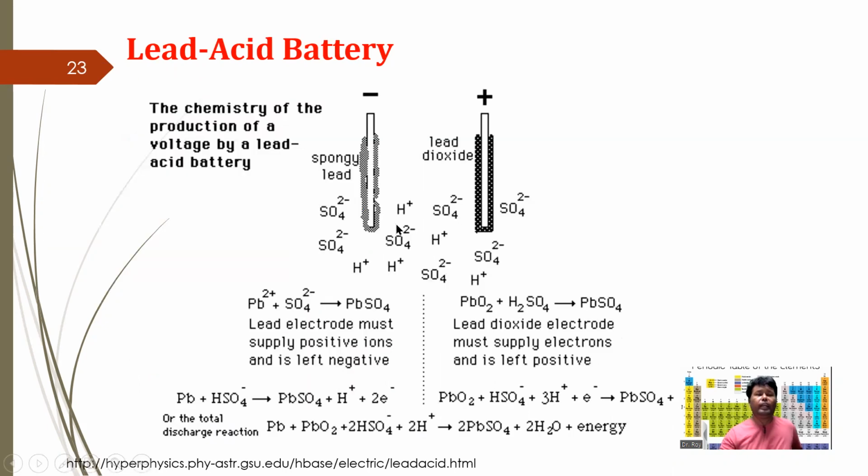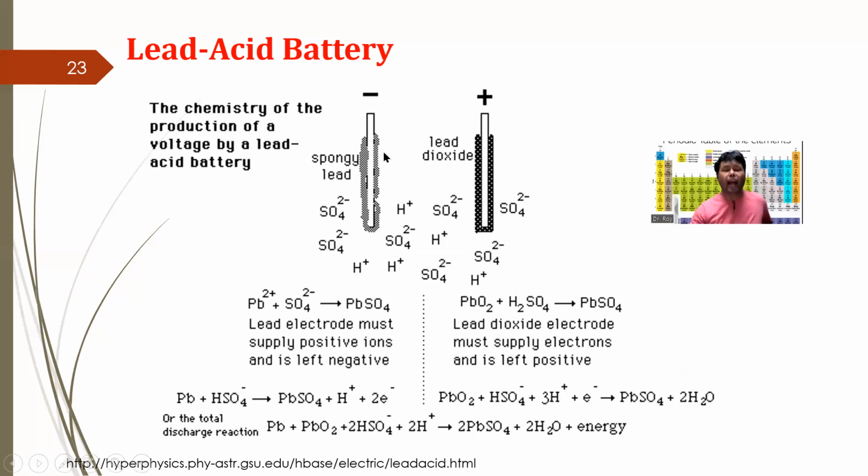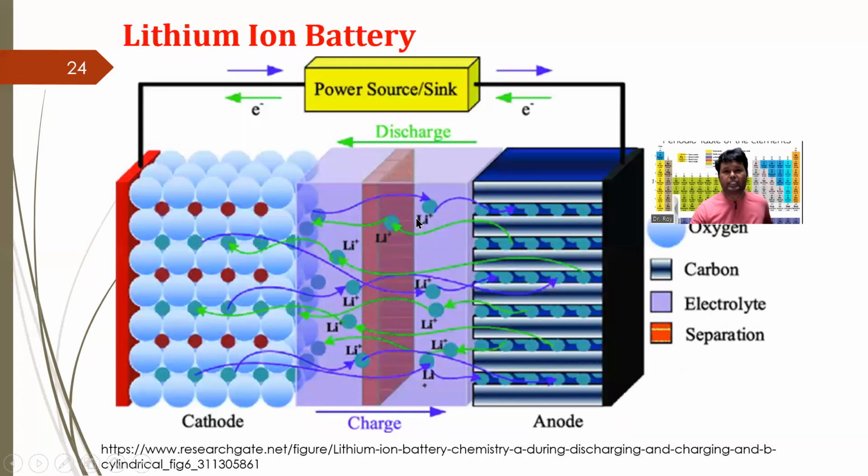But in the lead acid battery, normally 8 or 12 or 14, 16 cells are connected in series or parallel. In that way, we can generate high voltage between the cells, so we can have a huge electricity or potential difference. So it is the combination, or the summation, of many cells.